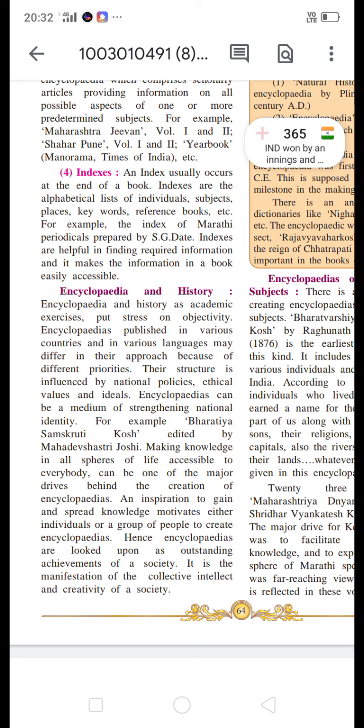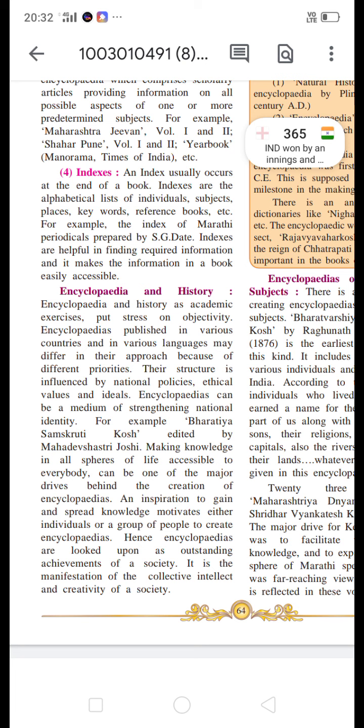In both subjects, the concept has a common thread, equal thread, joining them, and that puts stress on objectivity.